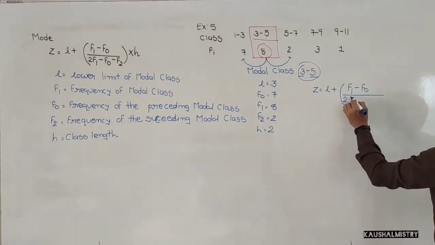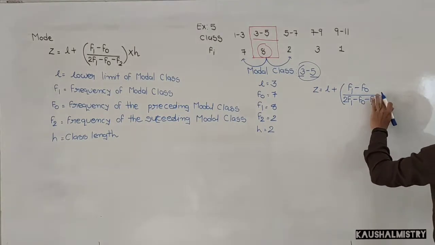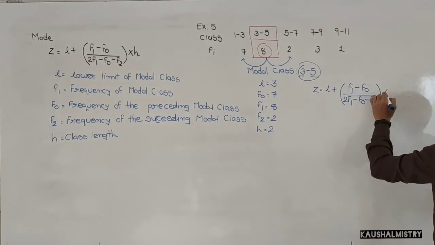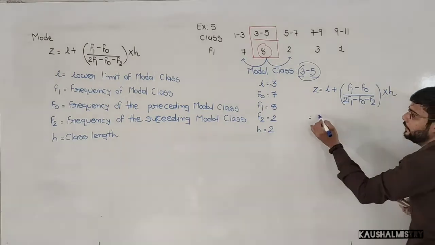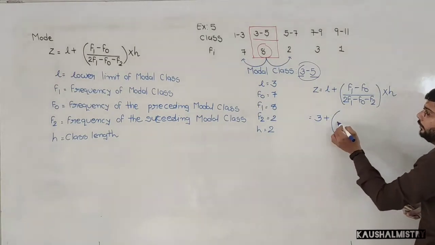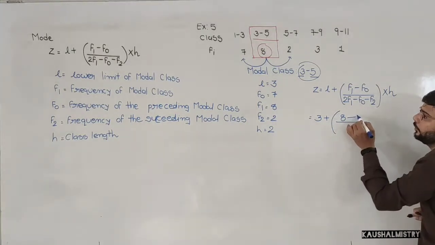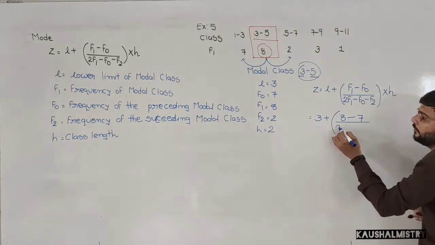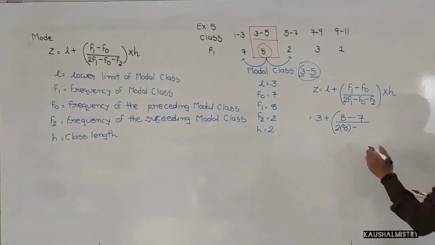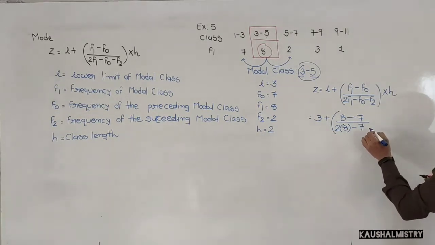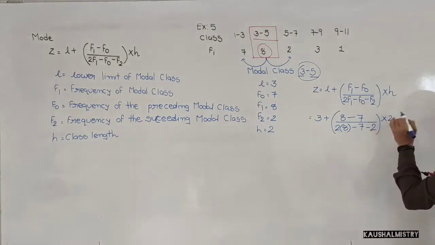So what is the value of L? That is 3 plus F1 is equal to 8, F0 is equal to 7, 2F1 is 2 in the bracket 8, minus F0 equal to 7 and F2 equal to 2, and H is also 2.